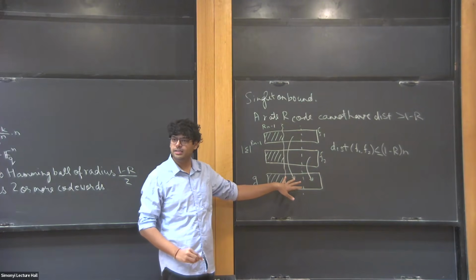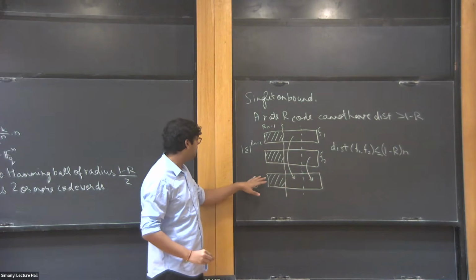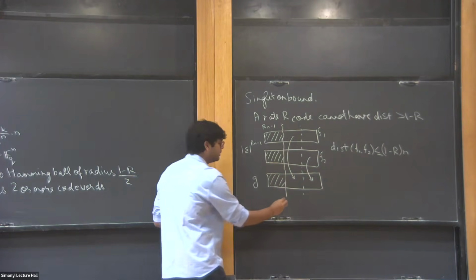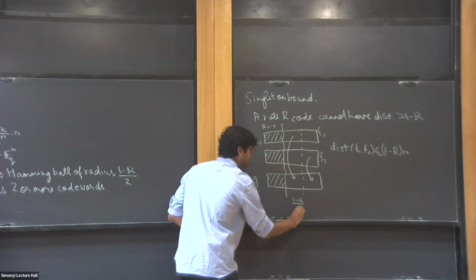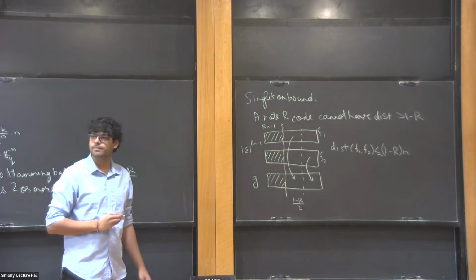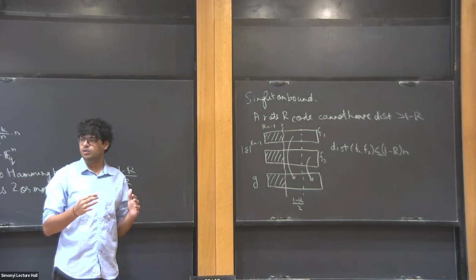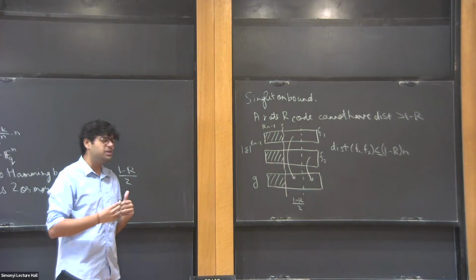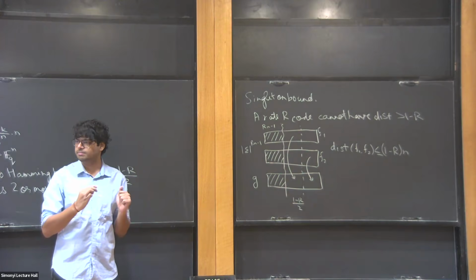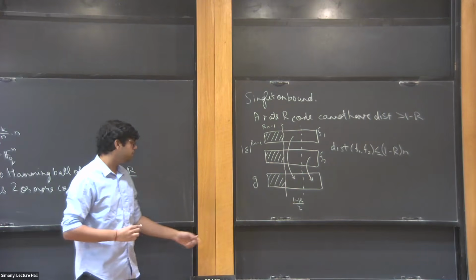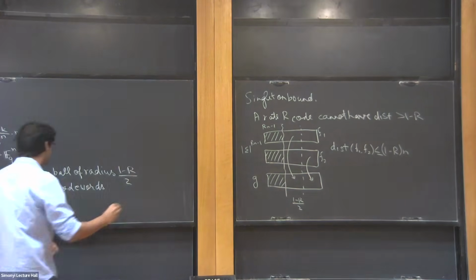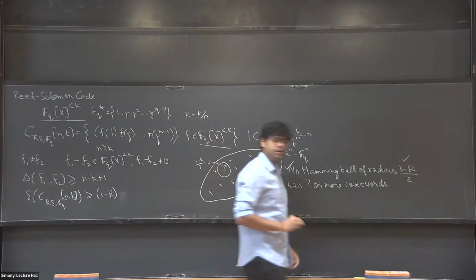And that's going to be the bad center, because from g, both f1 and f2 are going to be (1 minus r) over 2 distance apart. So as soon as we enlarge the ball to size (1 minus r) over 2, there will be some ball that has two code words. So all of that is to say that this probably cannot be improved.